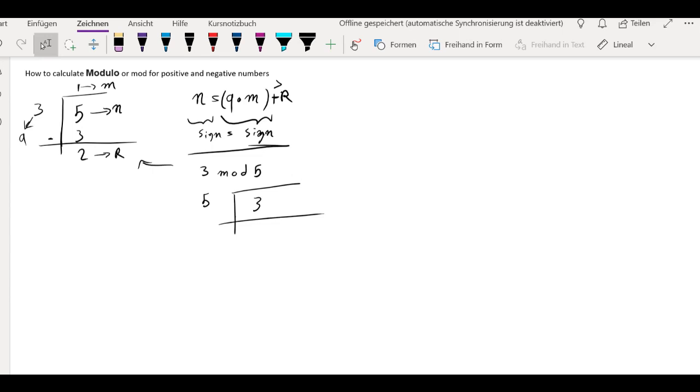And the answer is 0 times because it is bigger, and so the 3 remains, and as the formula, 3 is equal to 0 times 5 plus 3.